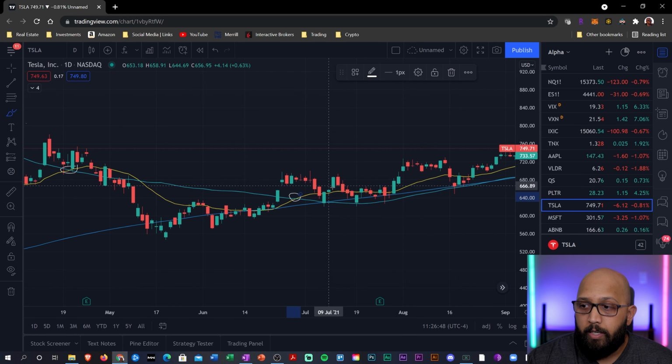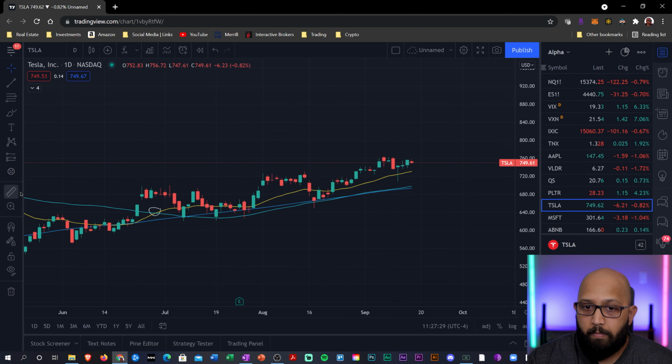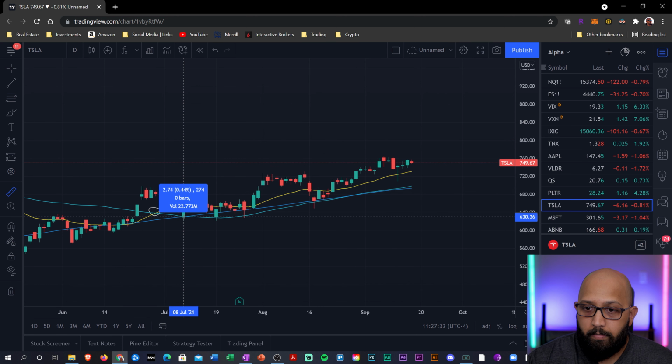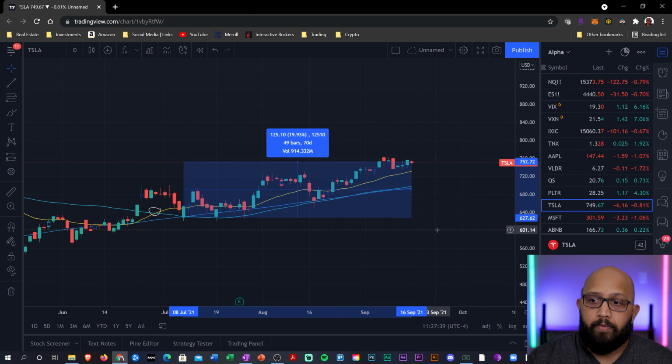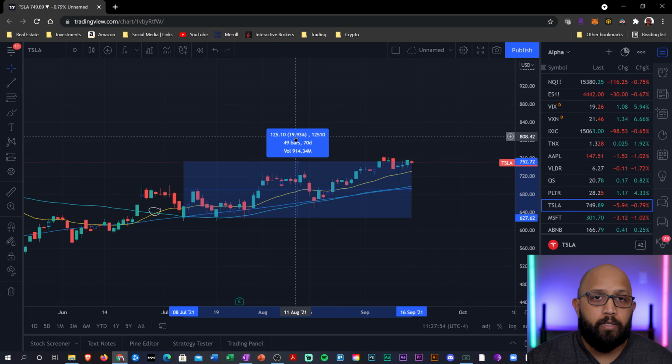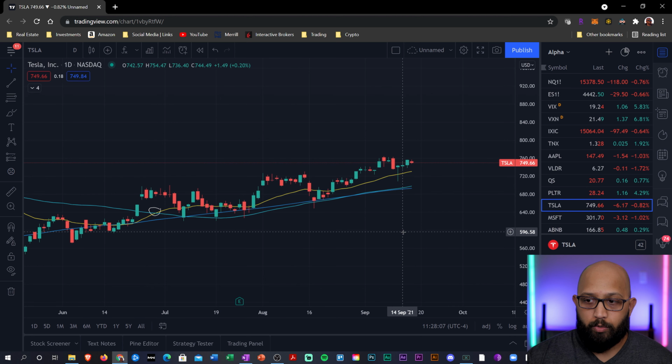And this is a swing trade because we're on the daily chart. That's almost $125 per share of Tesla, about a 20% gain, from June to September for a swing trade.